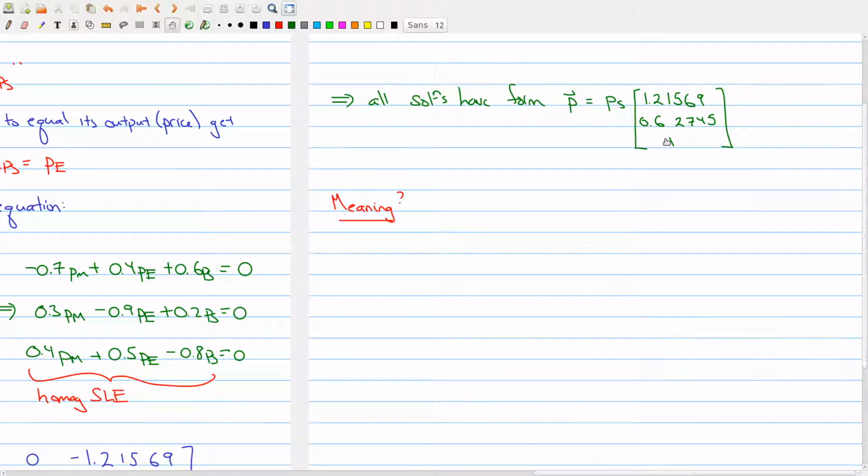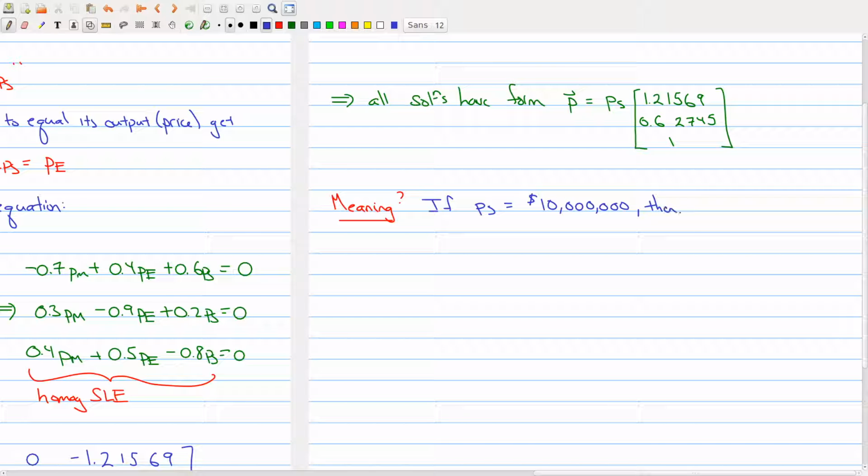So let's step back for a second and explain exactly what we have here. Let's say that the steel industry knows that its total cost, or the amount of money that it brings in, is $10 million.